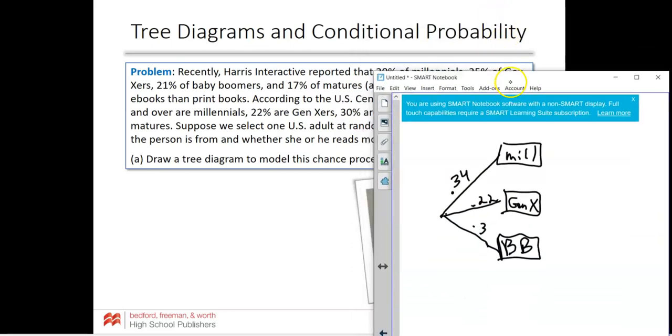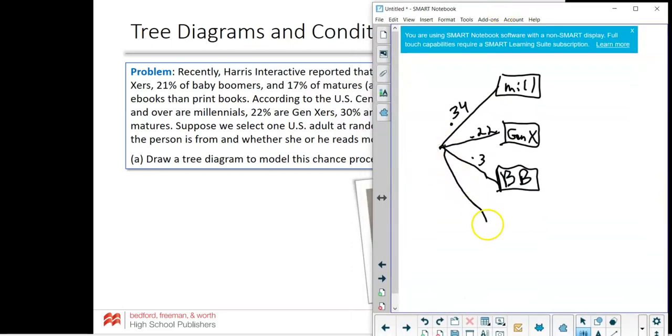And I believe it was 0.14 are what we call matures. I haven't heard that term before.